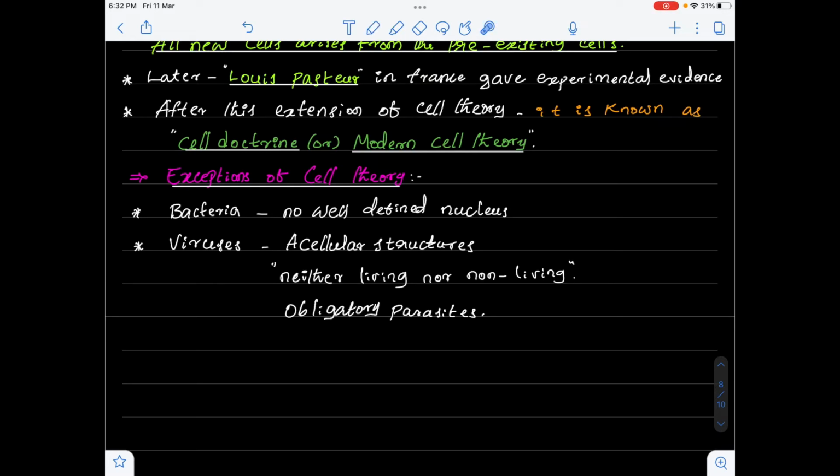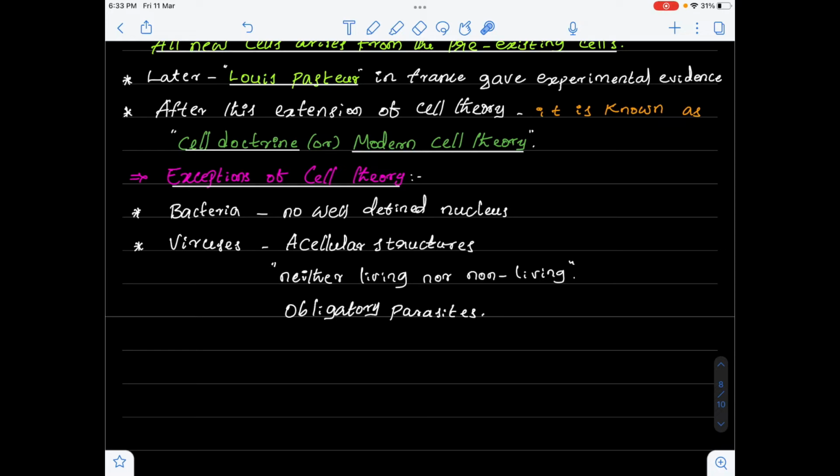Living is like when they are present inside the host body, they multiply their number by using the cellular machinery of the host body, and cause diseases. But when they are present outside the host body, they are in the form of crystals, that is a non-living character. This is why we can say that viruses are a connecting link between living and non-living things.